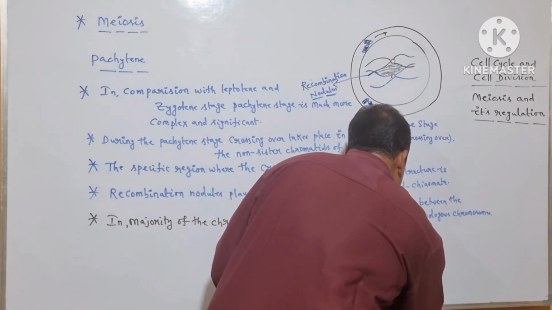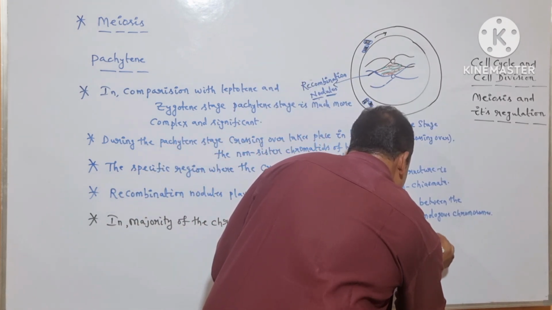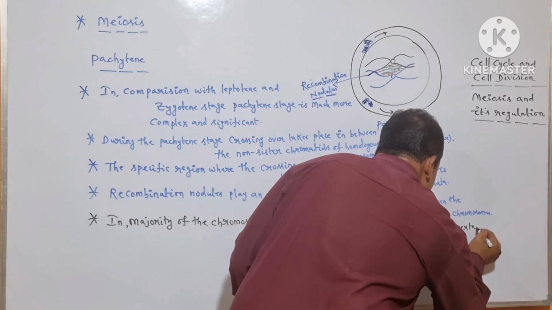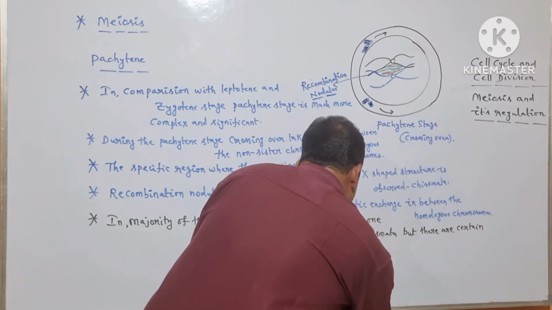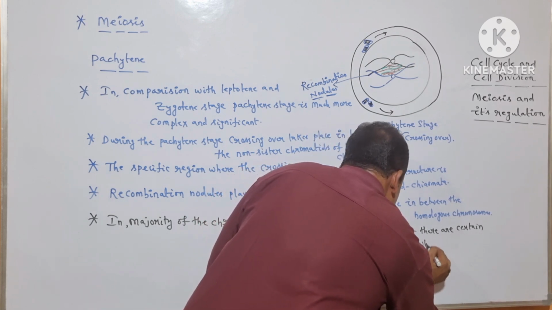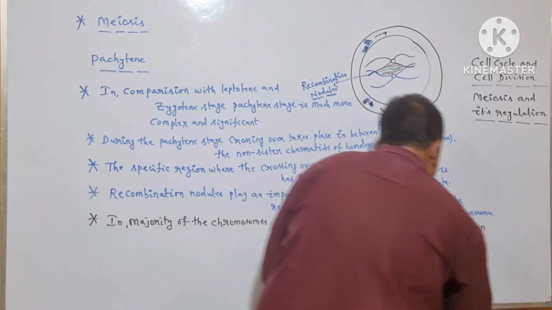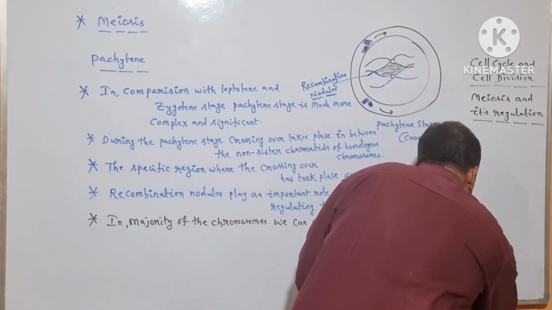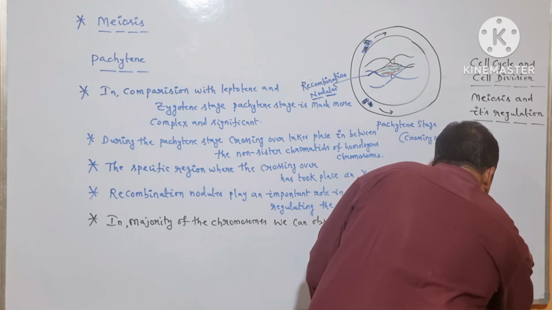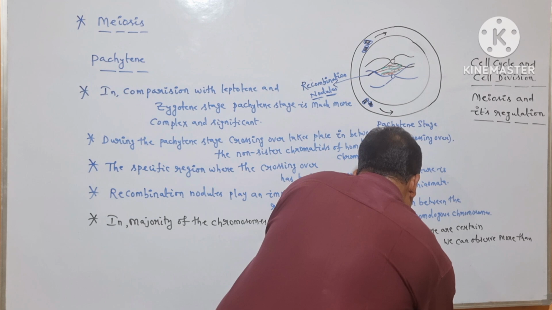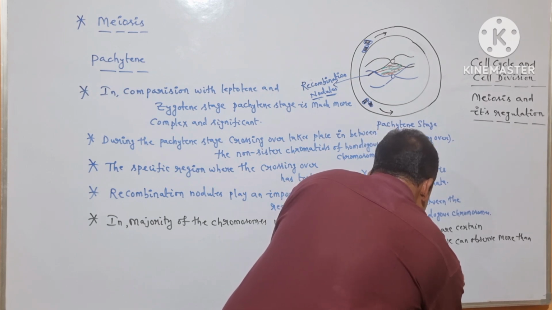But there are certain chromosomes at which we can observe more than one chiasmata, right?